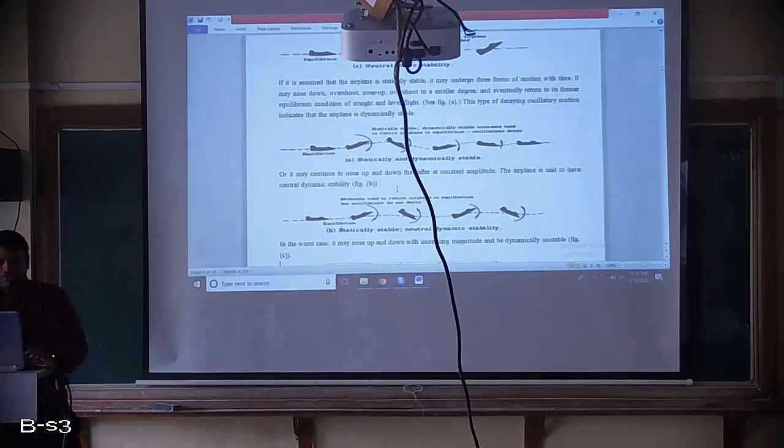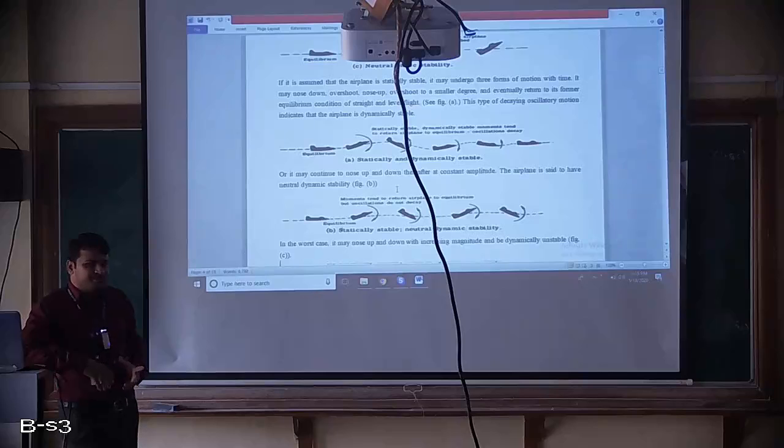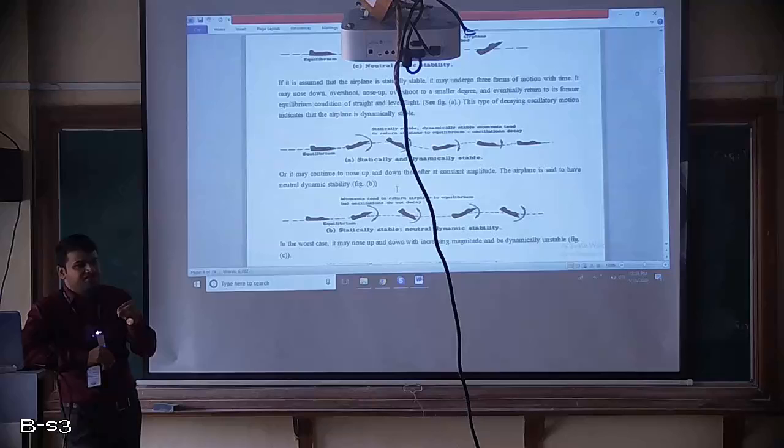Static stability definition: the ability of the aircraft to come back to its original condition or position immediately after a small disturbance. Dynamic stability definition: the ability of the aircraft to come back to its original position after getting disturbed, not immediately, but at a certain interval of time.